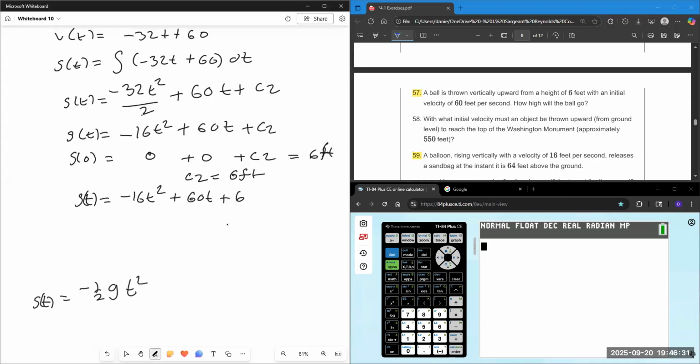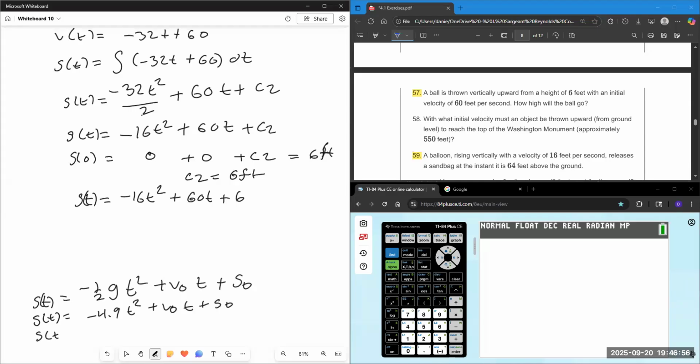So negative 1/2 gt squared plus v0t plus s0. So for instance, if we are dealing with meters per second and meters, this is negative 4.9t squared plus v0t plus s0.